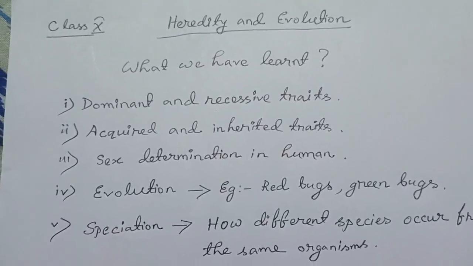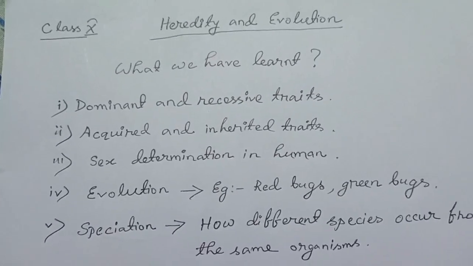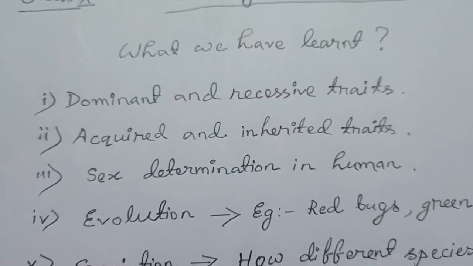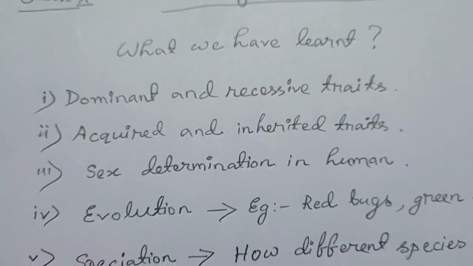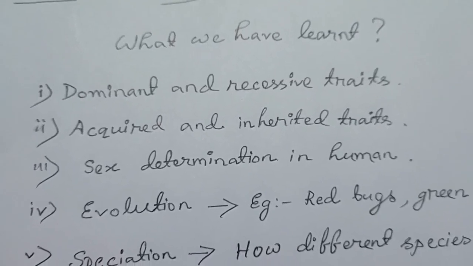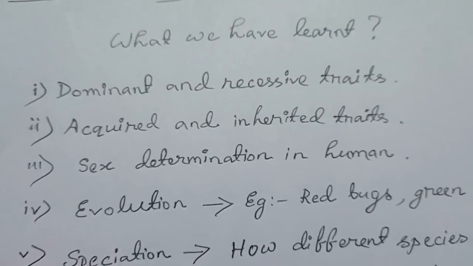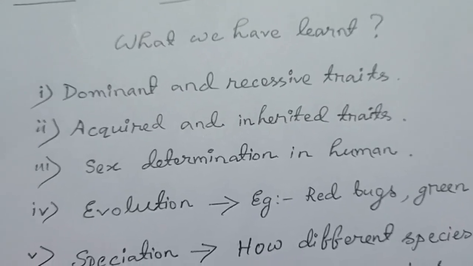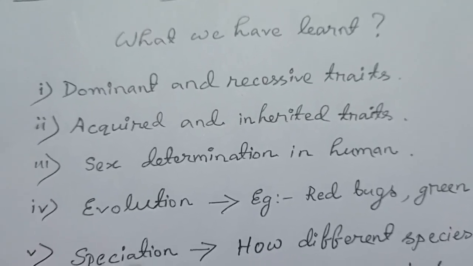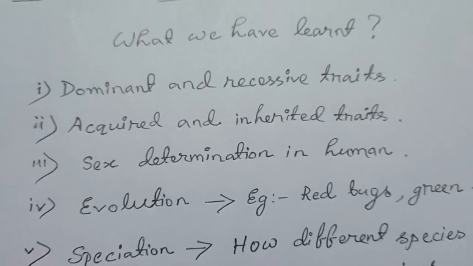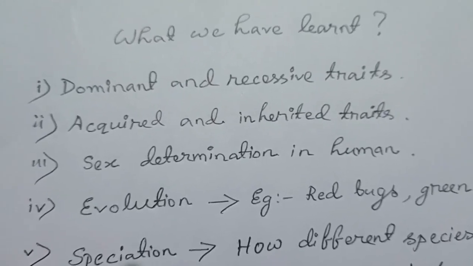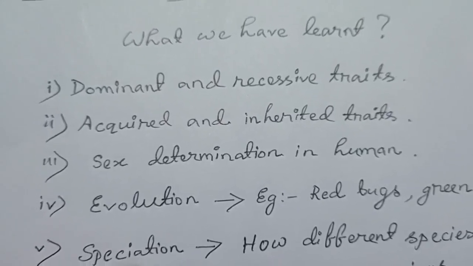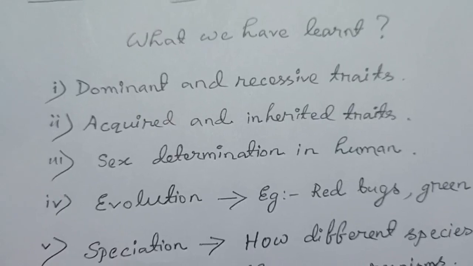Then we have learned acquired and inherited traits. Acquired traits are those that you acquire in your lifetime. For example, you can drive a car. It is an acquired trait. You learned it, but it does not make any changes in your reproductive tissues or cells, so it does not pass on to the next generation through heredity.